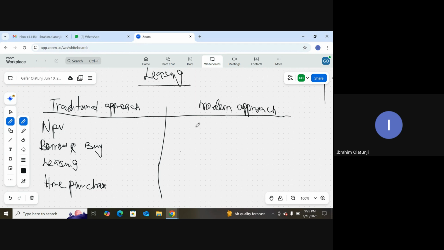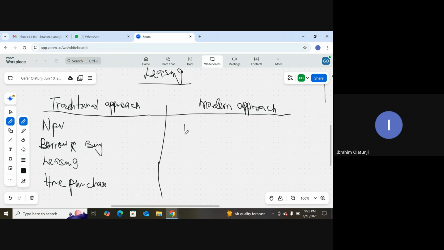So that is the modern approach. Then you start your computation with borrow and buy. Everything that you compute here is the same thing, nothing changes.